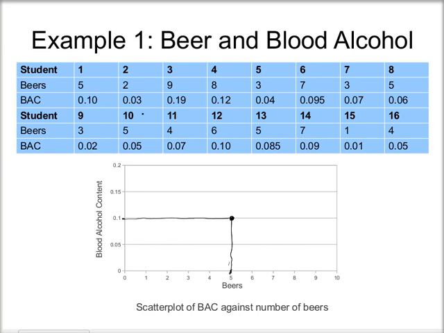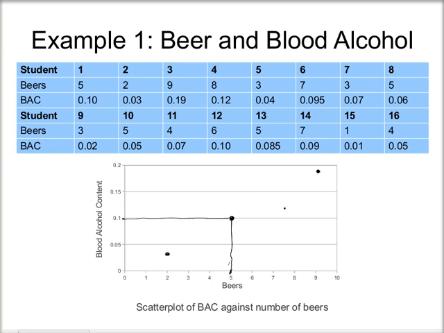My second student drank 2 beers and had a blood alcohol content of 0.03, which is about here on my graph. My third student drank 9 beers, way over here, and had a blood alcohol content of 0.19, so almost up at the top of my chart here.